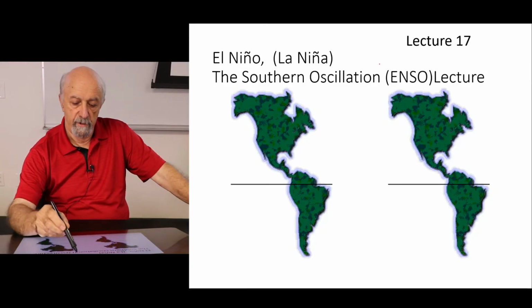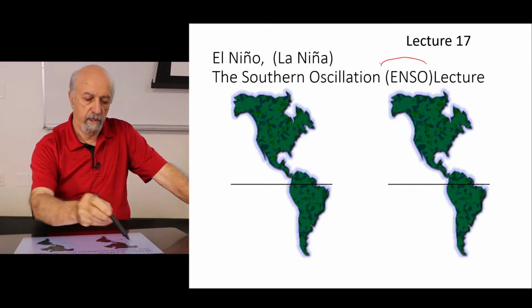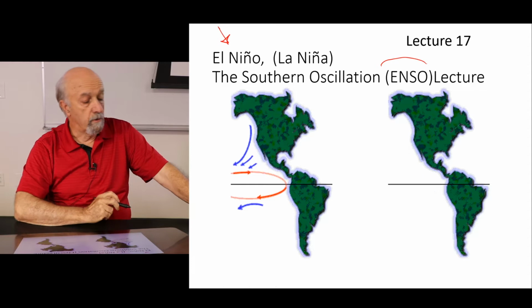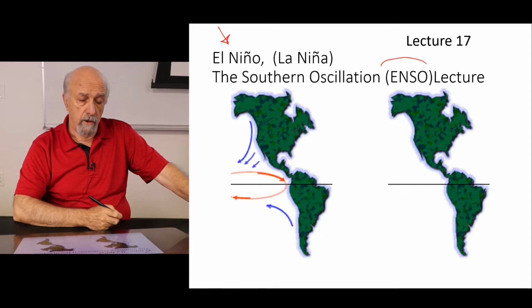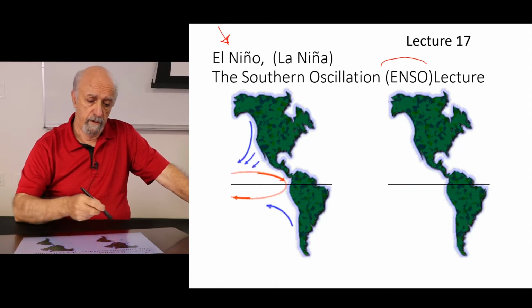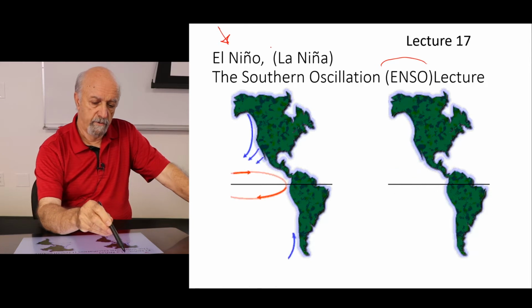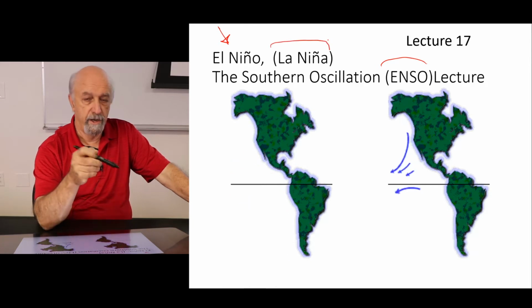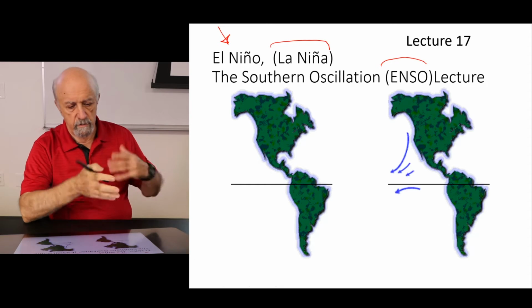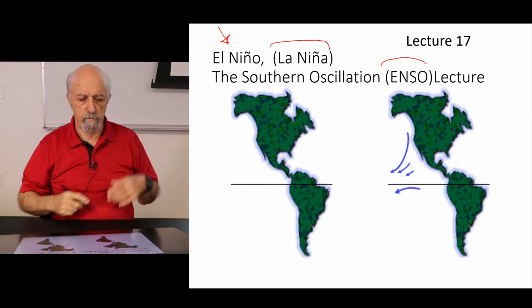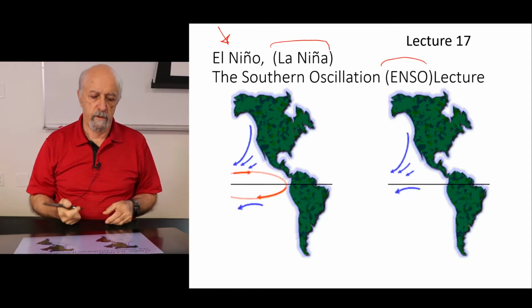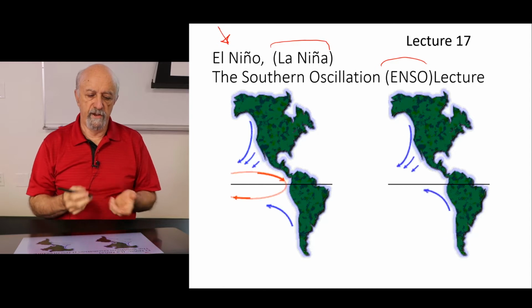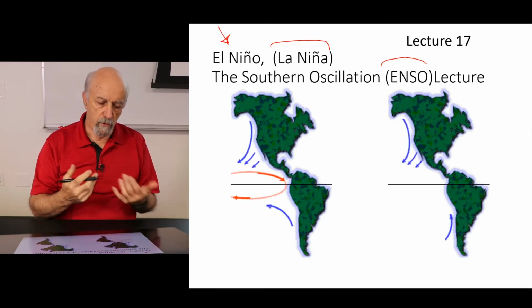ENSO phenomena, because it happened to be that in the beginning it was talked about El Niño just like a normal event, and then we realized there was something in the opposite direction called La Niña. You know, those are in Spanish, the boy and the girl, and it seems those two things happen to be in connection.